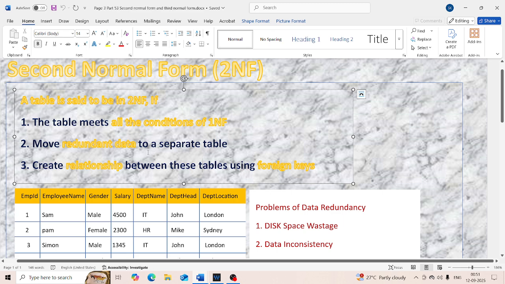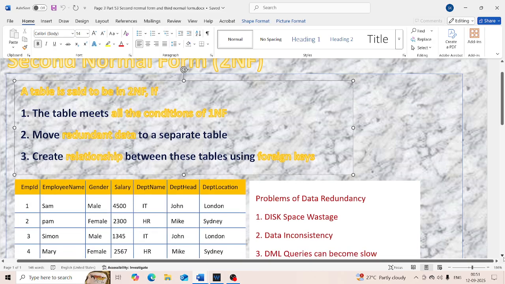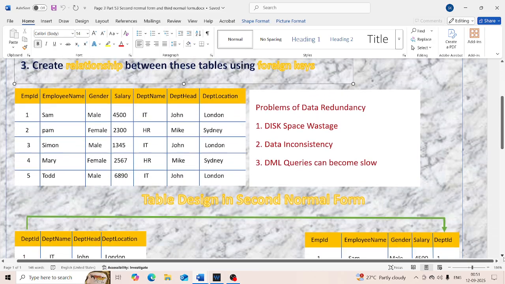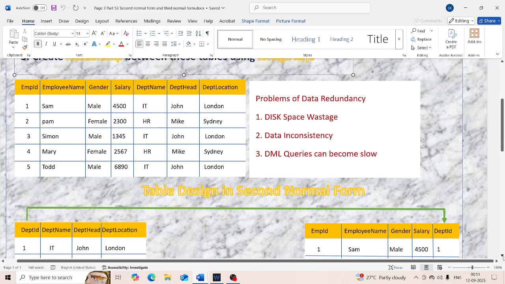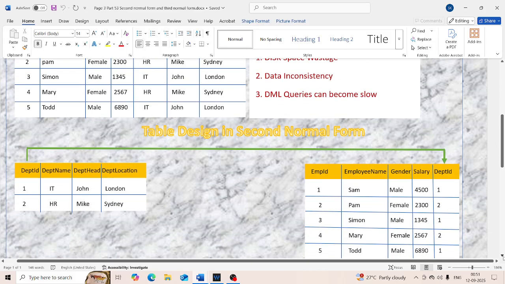So this department redundant data, we are moving it to a separate table.